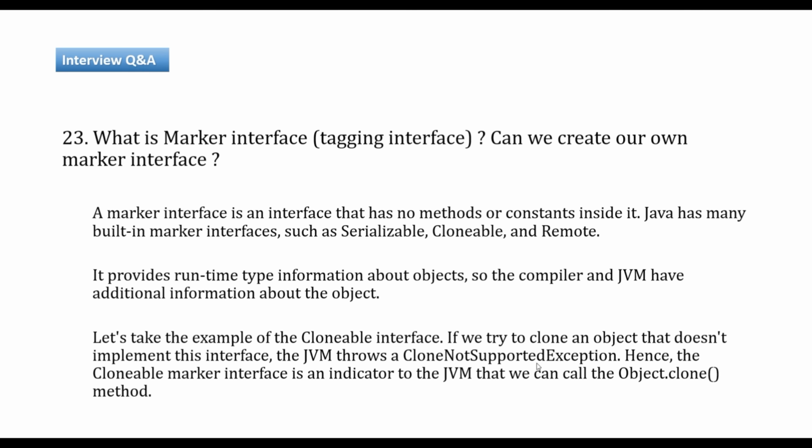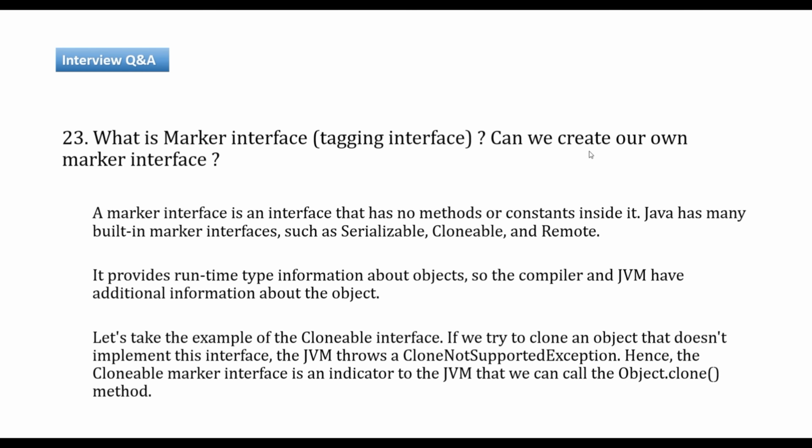It will throw CloneNotSupportedException. Hence, the Cloneable marker interface is an indicator to the JVM that we can call the Object.clone method if it implements Cloneable. That's how it informs the JVM or compiler to add additional information about the object based on your marker interface. Okay.